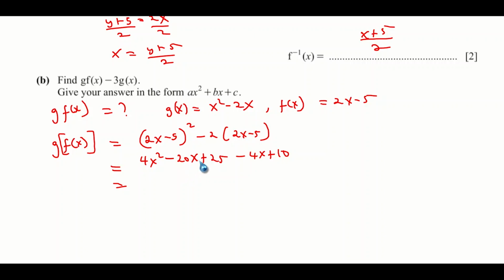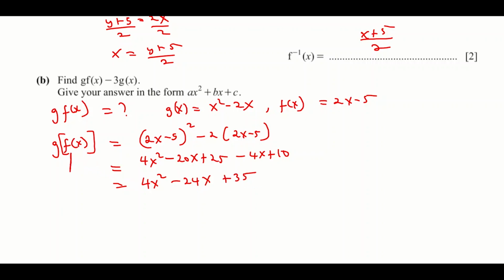Any error here? I think we are good. So this will be 4x squared minus 20x minus 4x, that is minus 24x, plus 25 plus 10, that is plus 35.